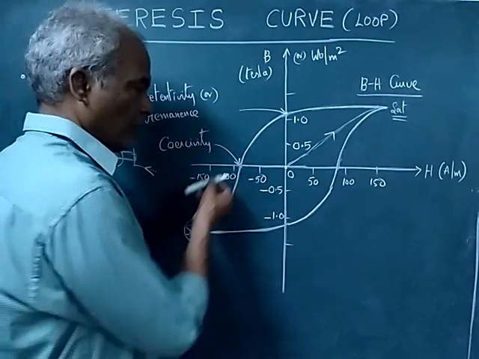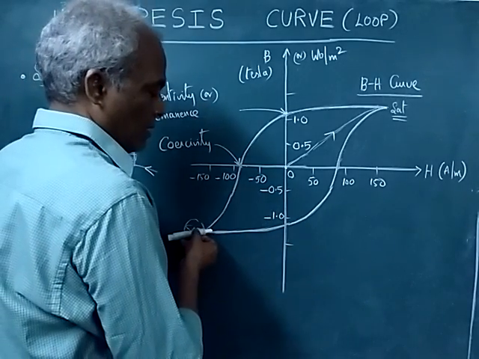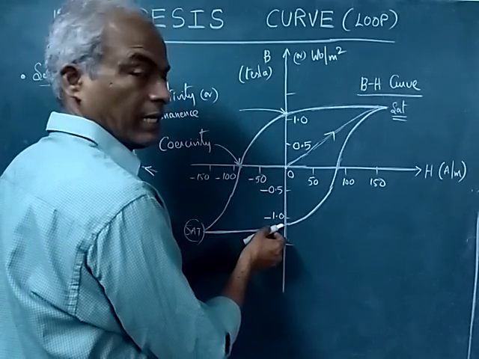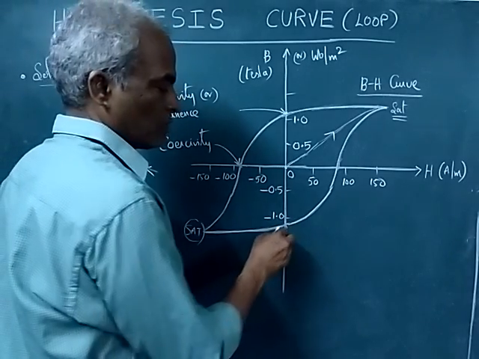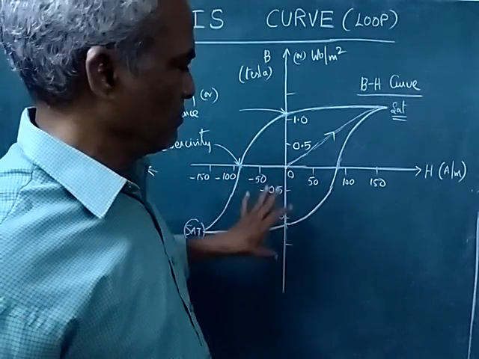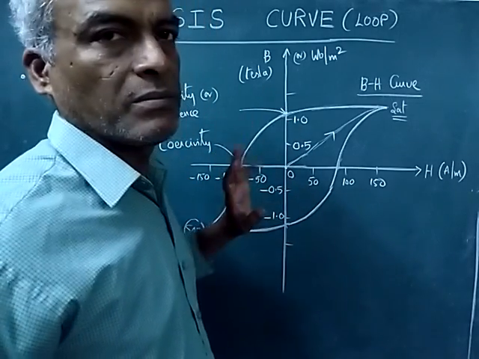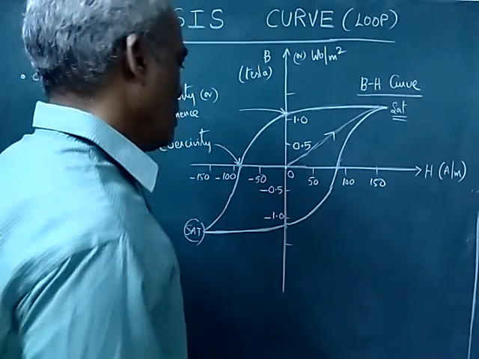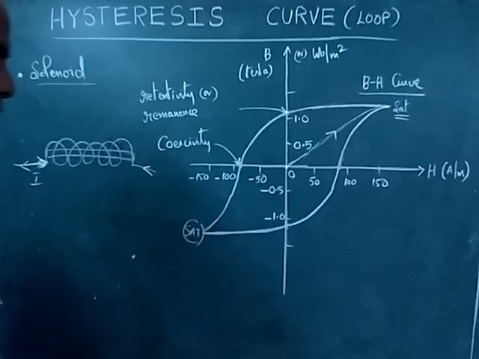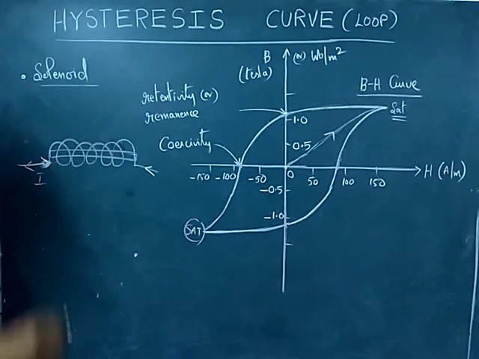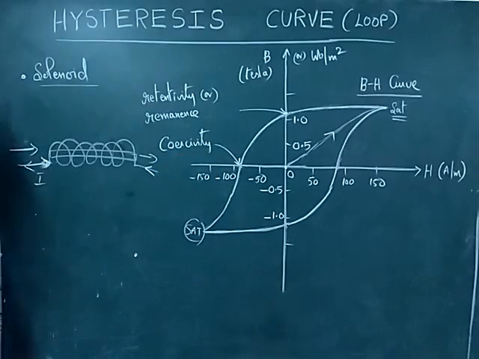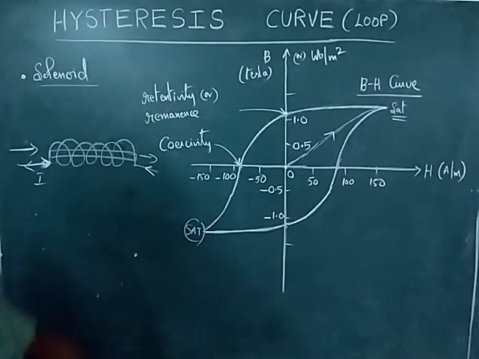And once if you decrease the current, the magnetic flux density is not decreased, it is slightly decreasing and reaches this point. So here also it is retaining the magnetism, but in negative direction. Now what you do is, once again you increase the current in positive direction. That means now you are giving the current this way and taking the current from the other side of the loop, other side of the solenoid.